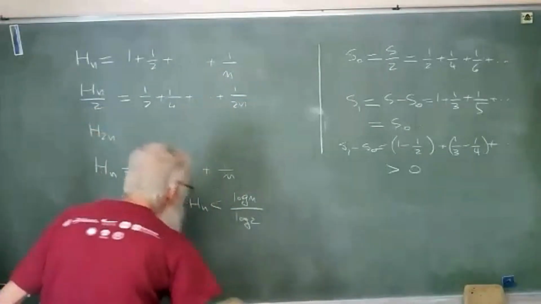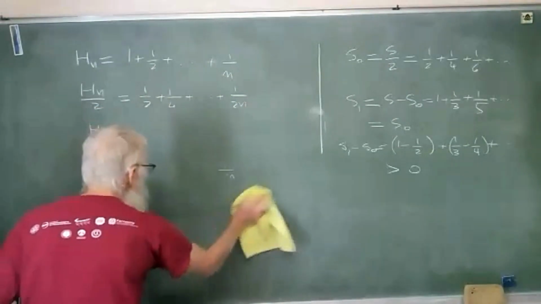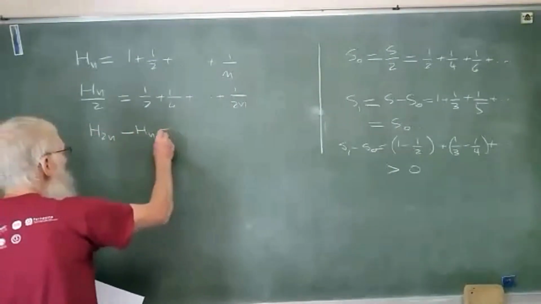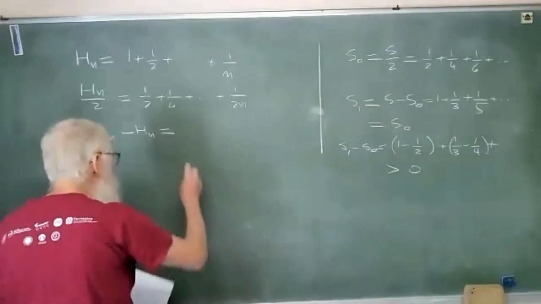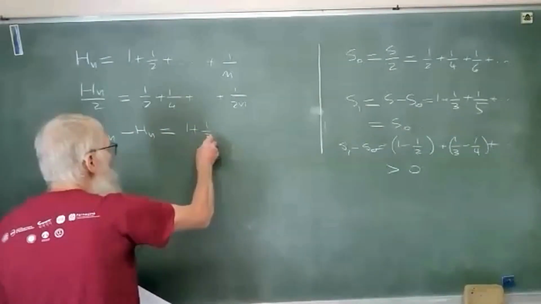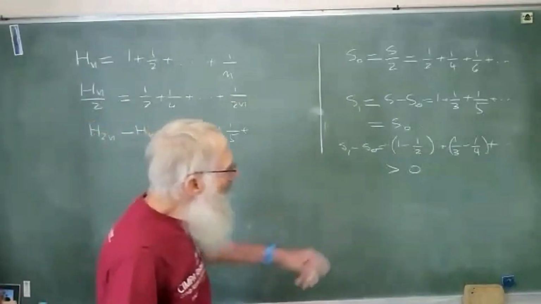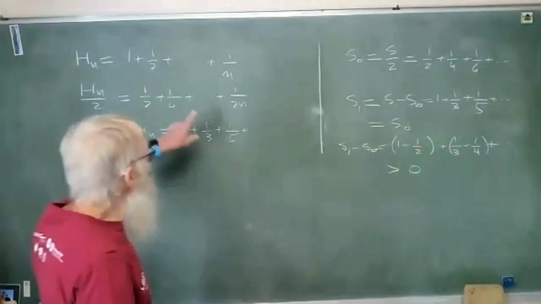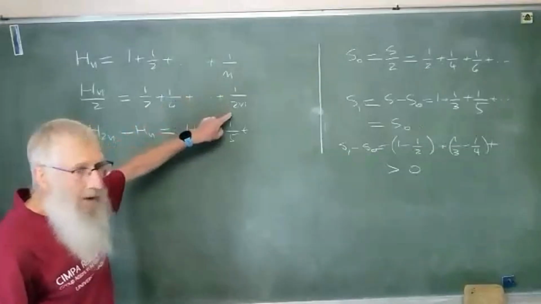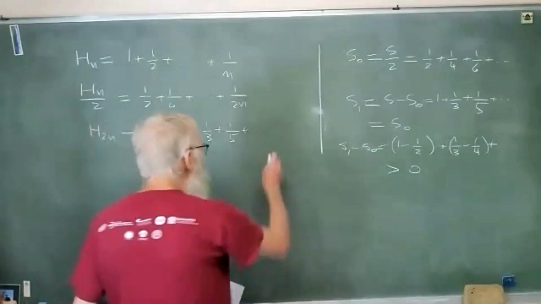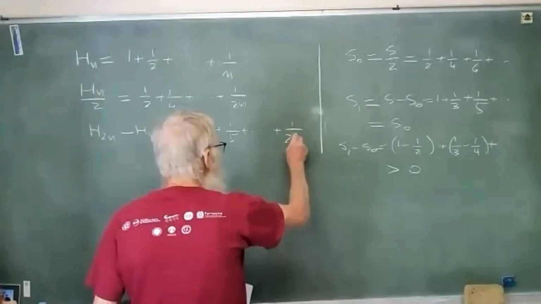So we take H2n and we remove Hn. What we get is 1 plus 1/3 plus 1 over 5. It's the same as here, but the difference is that we stopped at n and 2n. It's not an infinite series. And so we have at the end plus 1 over 2n minus 1.